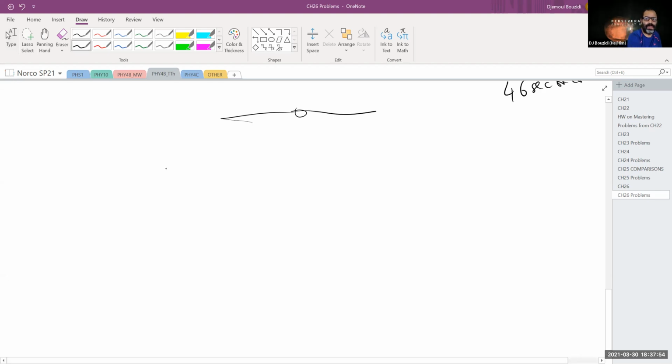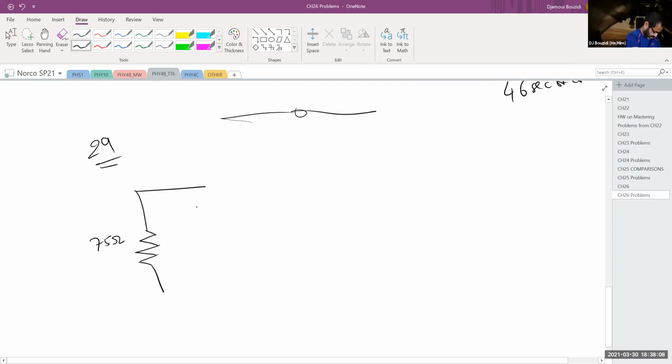First of all, we have a resistor in here. So this is problem 29, just to keep track, okay? And hopefully you guys are doing the same math in here with me. Otherwise, this is not going to work. This is 75 ohms. And we have a junction in here. And in this branch, we have a 20 ohm resistor.